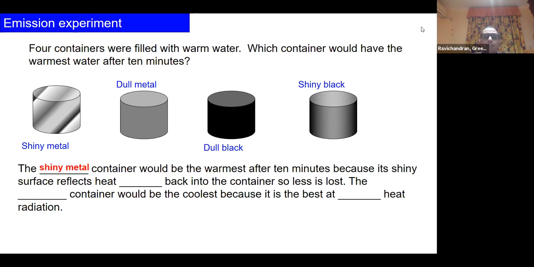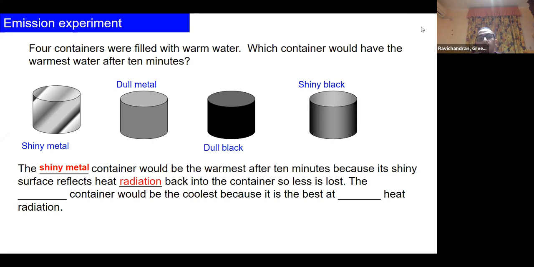The warmest one is shiny metal. Why? Because it reflects all heat. Whatever heat is inside is reflected back inside, and whatever heat comes from outside is reflected outside. This is due to the reflection of heat all the time for shiny metal.